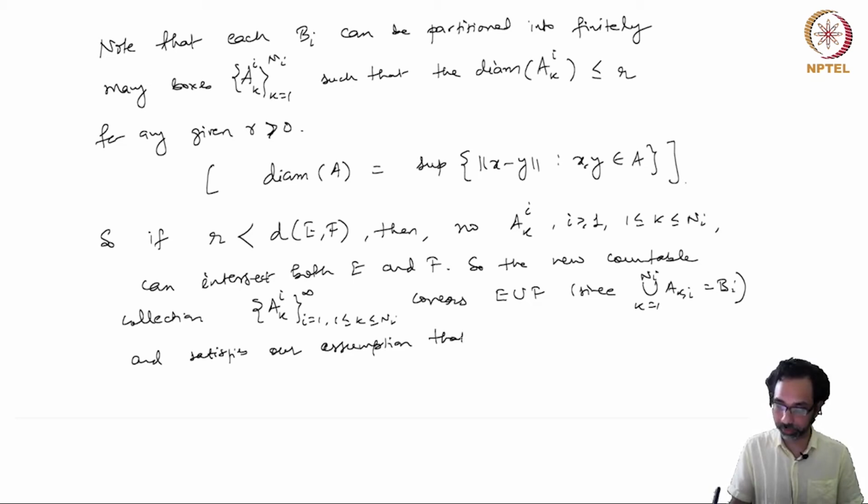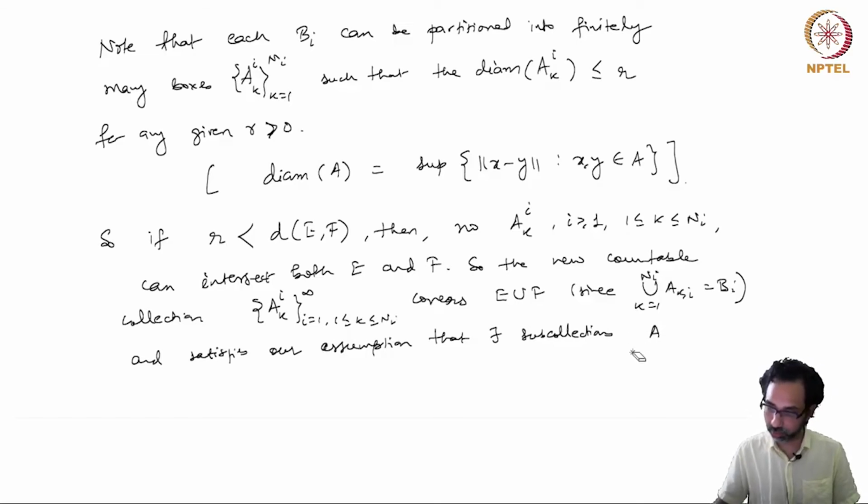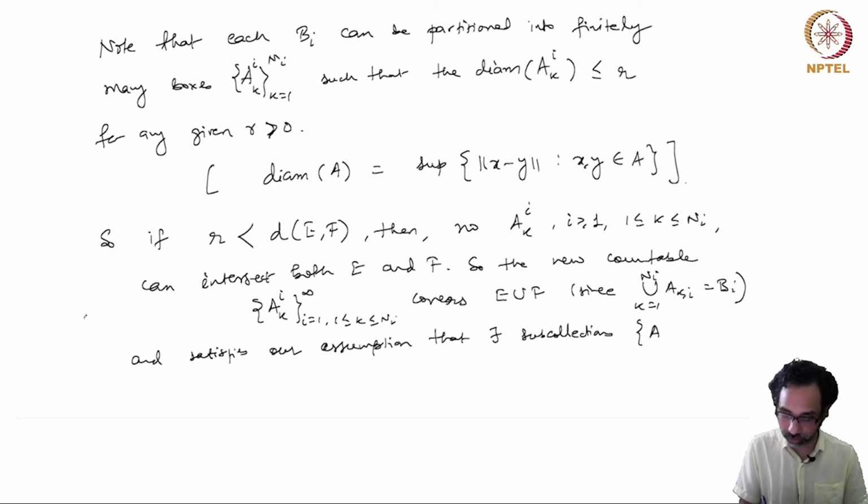that there exist subcollections. So rather than taking two indices, I can re-index it to write it as a collection An, n equal to 1 to infinity.